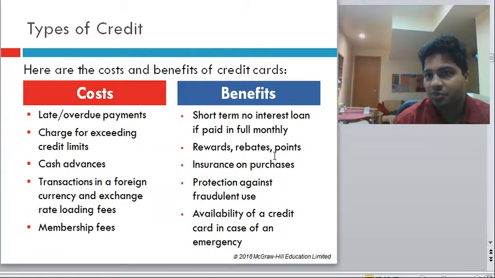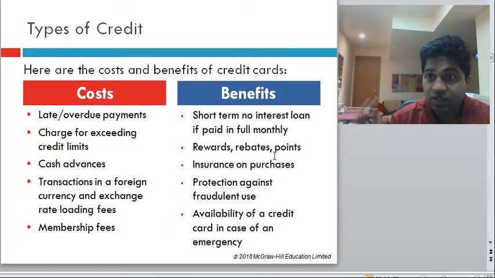So this is important. Legally, you are not liable to pay more than $50 if your credit card is stolen. If there is a fraud on your credit card, you are not liable to pay more than $50. So if my credit card is stolen and someone uses it, I'm not liable to pay more than $50.